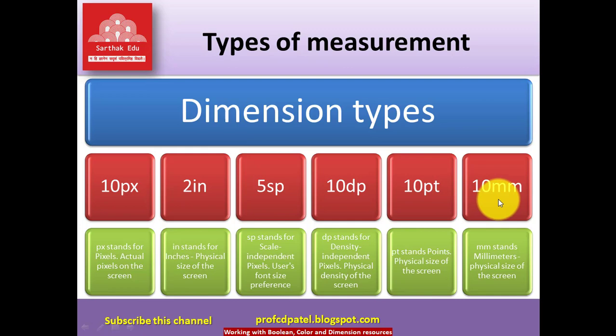And last, that is 10mm. mm stands for millimeter and it is also used for measuring the physical size of screens. So you can use these measurement or dimension types as per your application or depending on controls.